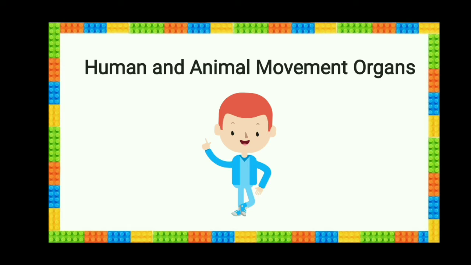Motion in humans and animals uses motion organs composed in a motion system. Motion organs are useful for walking, running, jumping, holding, digging, climbing, swimming, and so on.